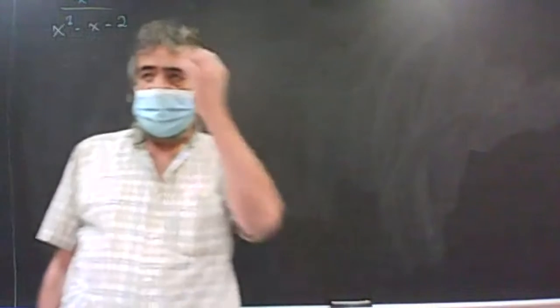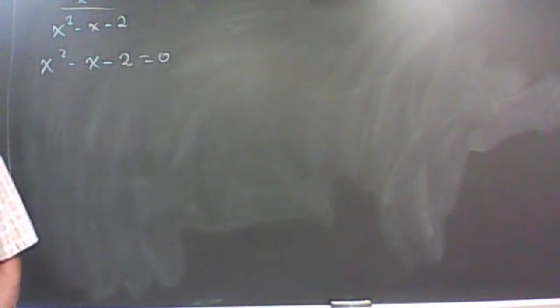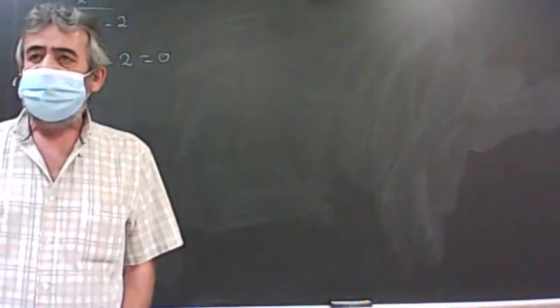The first step is to figure out what the domain is. We need to figure out the values of x that make the denominator equal to 0. So I'm going to take x squared minus x minus 2 and set it equal to 0 so I can exclude those numbers.